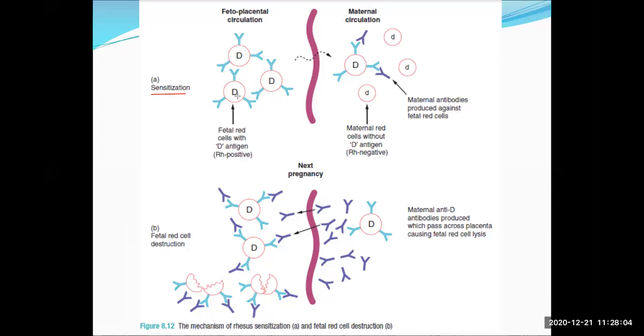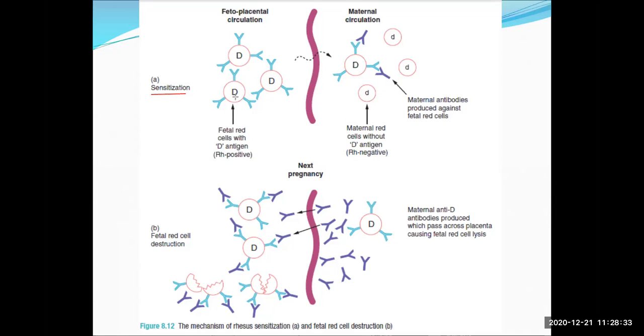The fetal RBCs are entering or have already entered the maternal circulation. We are talking about Rh incompatibility. That means these fetal RBCs are Rh positive, or they have a D antigen on the surface. And the mother should be Rh negative, so she should not have the D antigen on the surface.